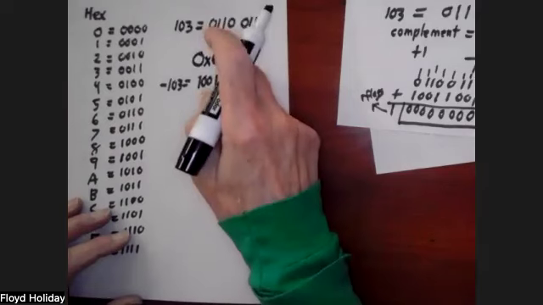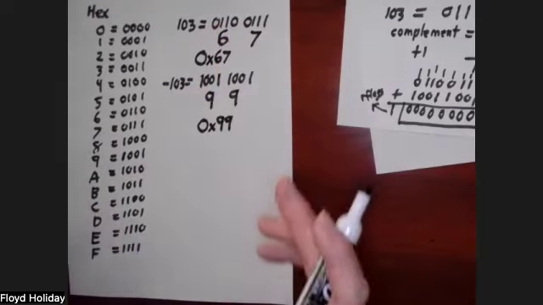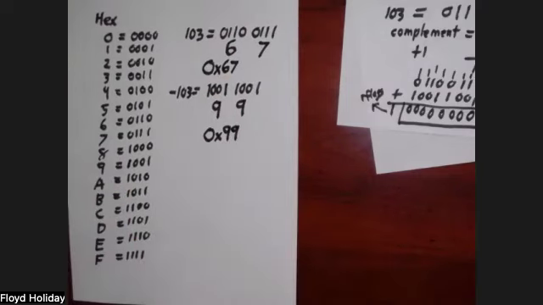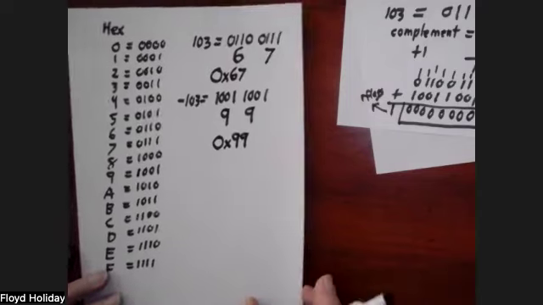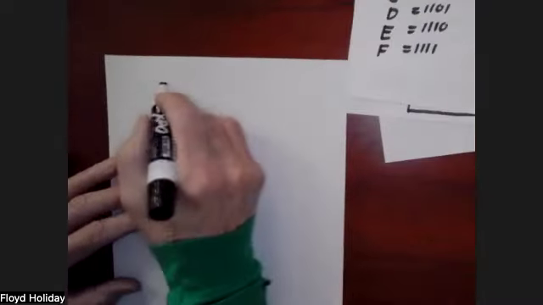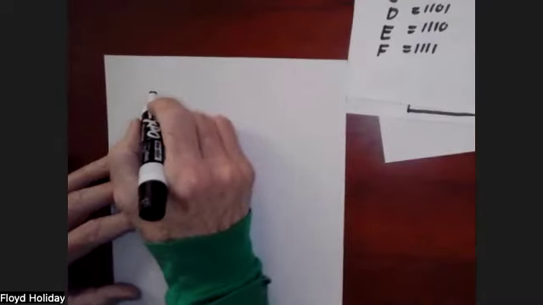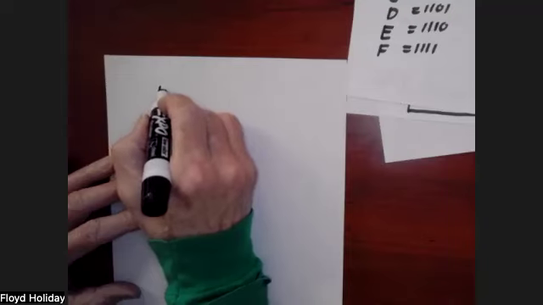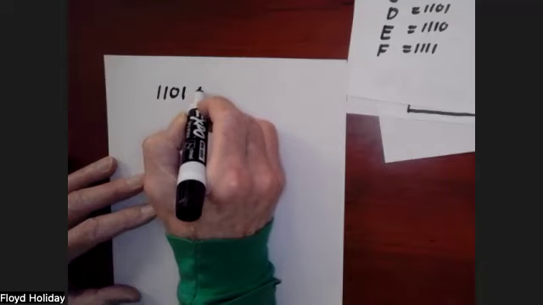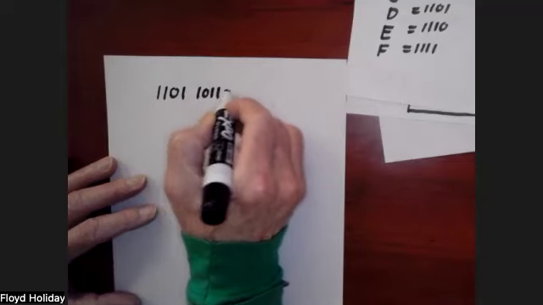Without the 0x, it's assumed that it's in base decimal. So no matter what your number is, you can convert it into hex quite readily. What would this be? 1, 1, 0, 1, 1, 0, 1, 1.